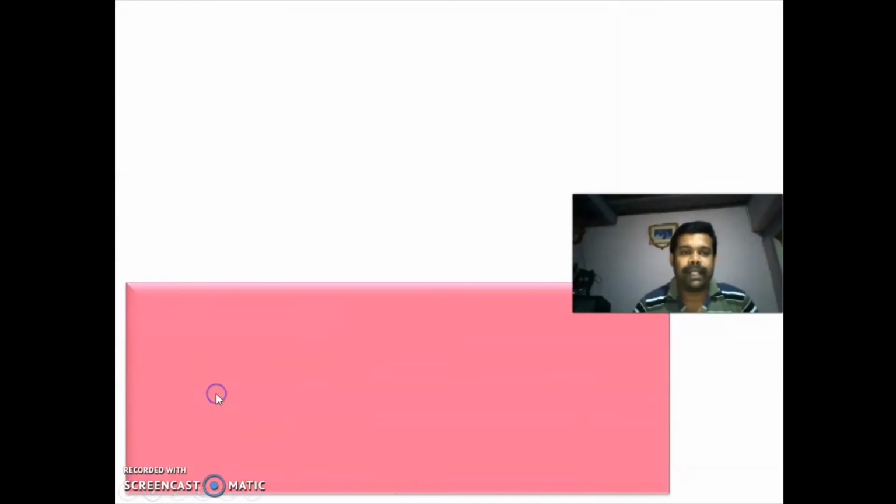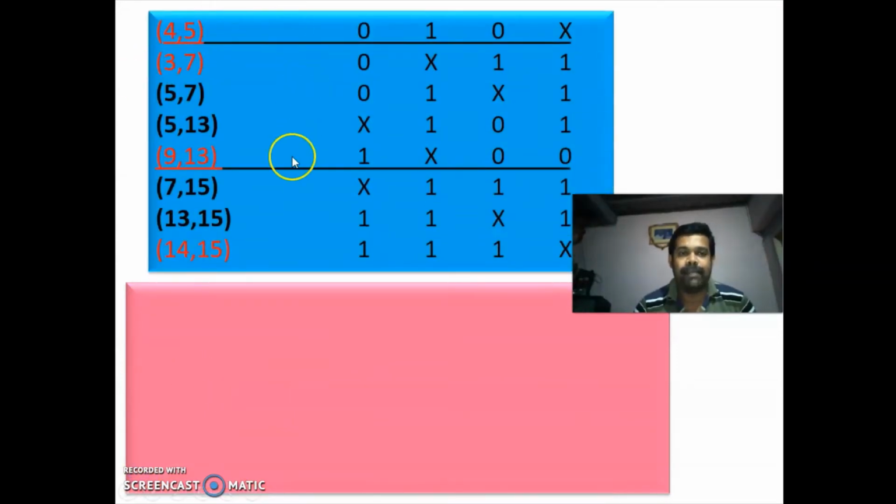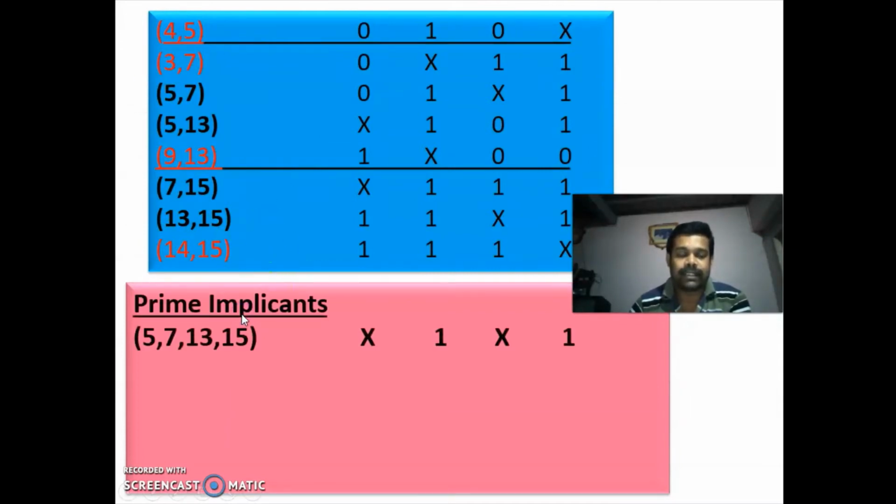After completing step 3, we will be getting these prime implicants. After that, we will be getting this prime implicant. Now after getting the prime implicant in step 4, we have to check whether the prime implicants that we got from the third step are present in this prime implicant. The first prime implicant in step 3 is 4 5. 4 5 is not present here, so you put a tick mark.